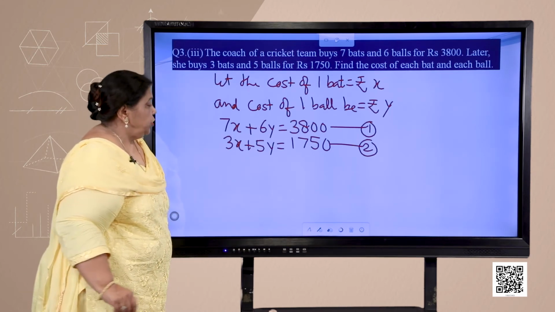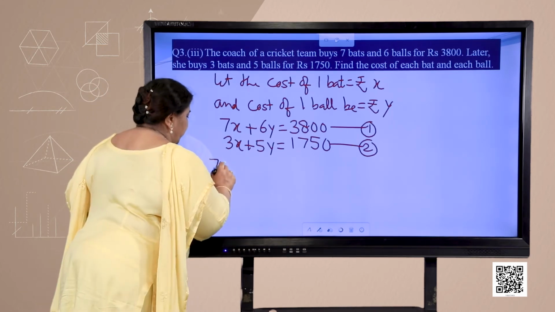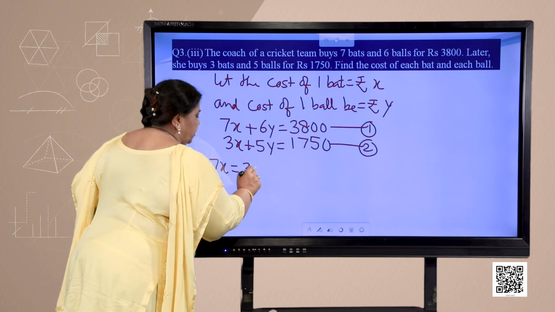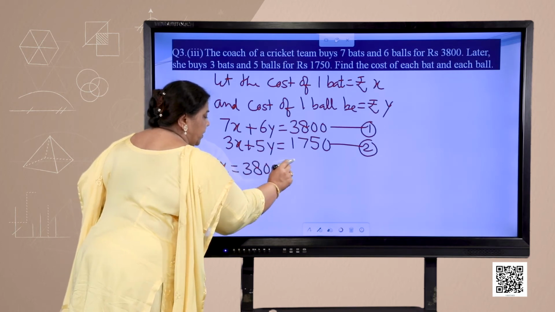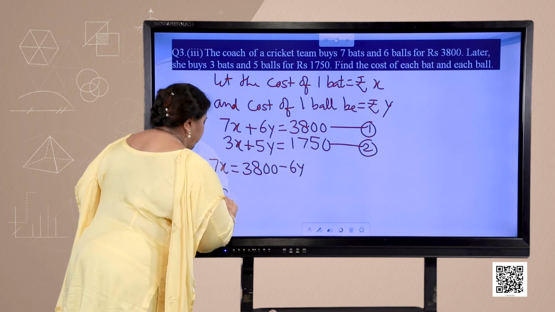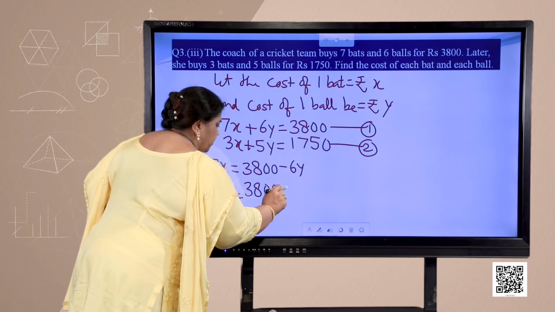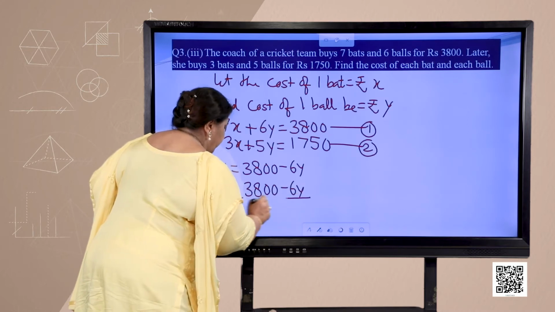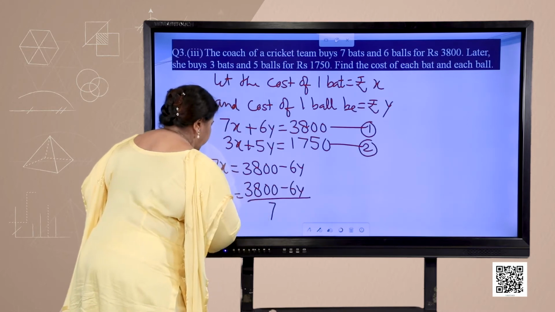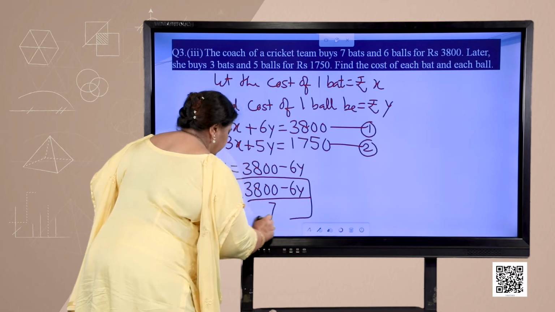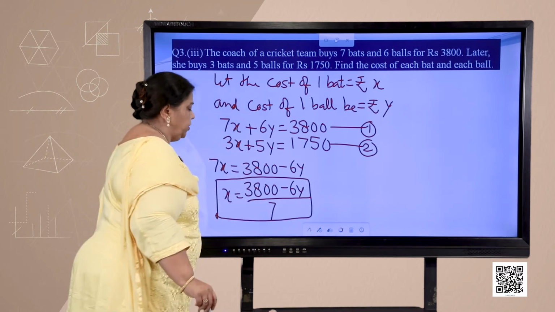Now, using substitution method, I have 7x is equal to 3,800 minus 6y, or x is equal to 3,800 minus 6y divided by 7. This is the value of x. I need to substitute in the second equation.